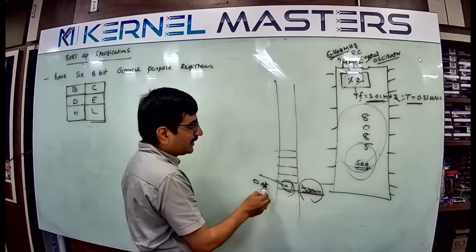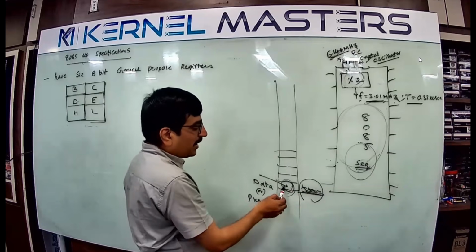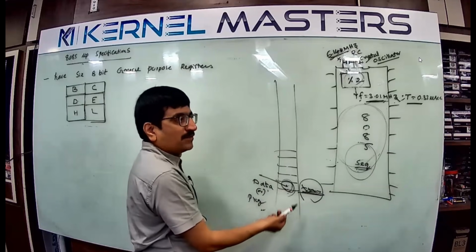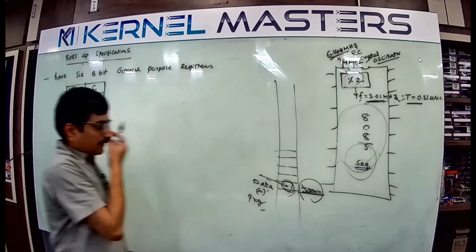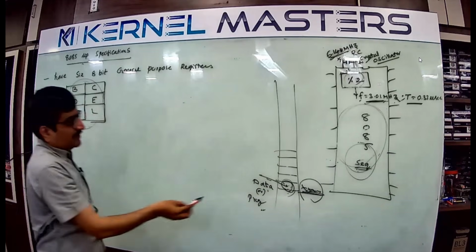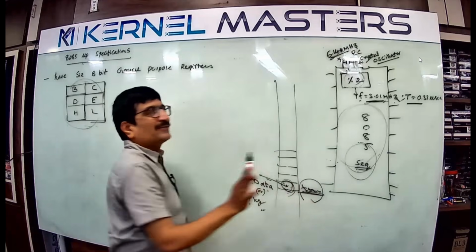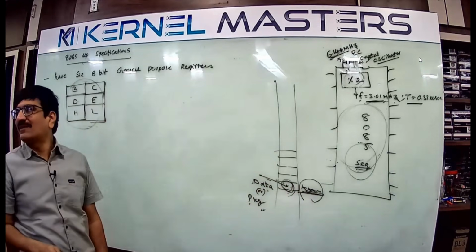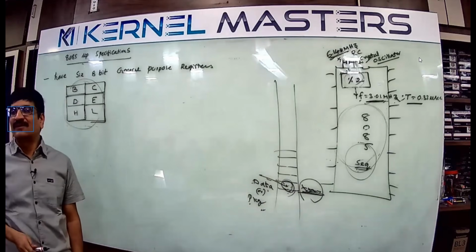Generally memory contains data or program, for example a move instruction. So in these registers B, C and so on, we can store data, program, or address. Anything we can store. That's why they are called general purpose, not for a particular thing. Understood?